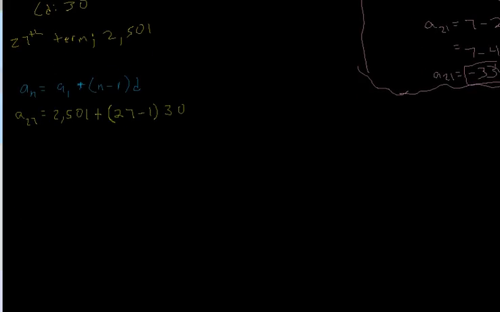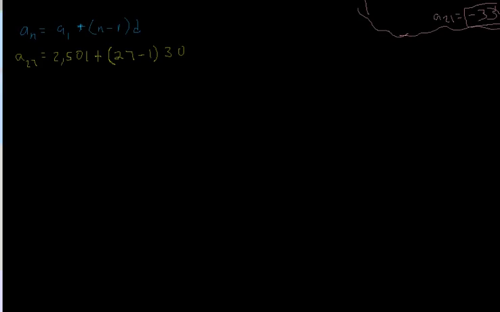I'm going to scroll down here, get us some more room. Let's calculate this out. 27 minus 1 is 26, times 30, plus 2,501.